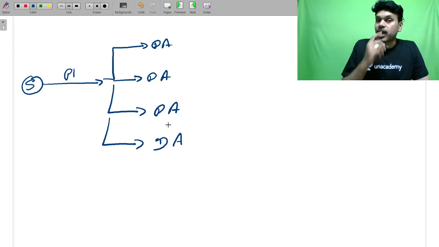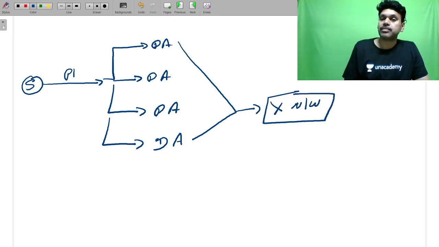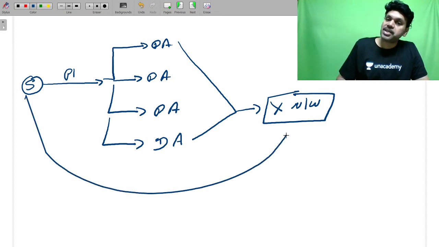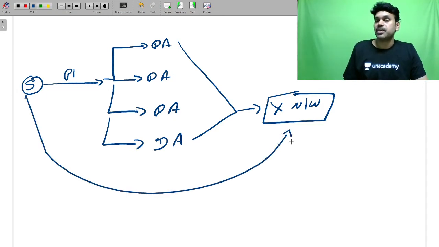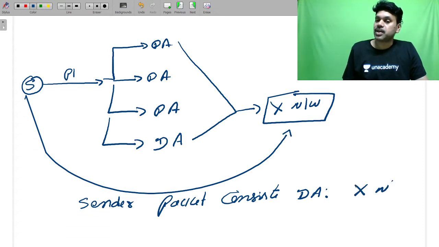So instead of that, and these destinations belong to some X network, I will use the destination address as X network only. So now the sender's packet consists of the destination address. What is that? X network only.